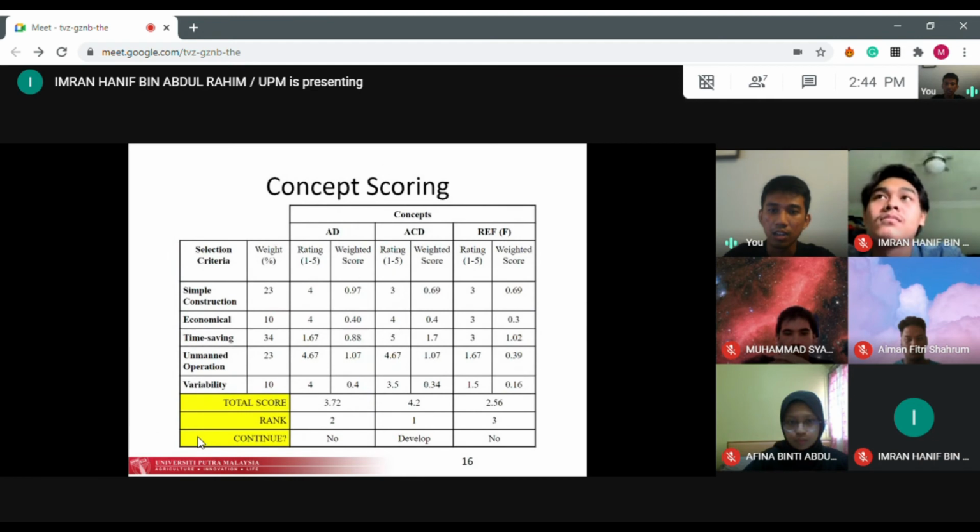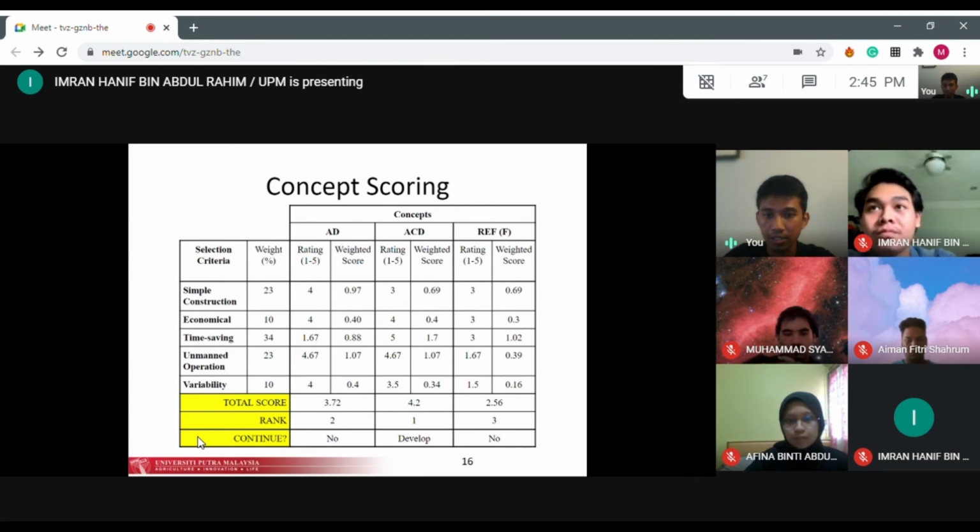Okay, then we make a concept scoring. We compare both our combined concepts with the reference. The highest weight is time saving, because we based it on our objective to reduce time consumption, as mentioned by AFINA.